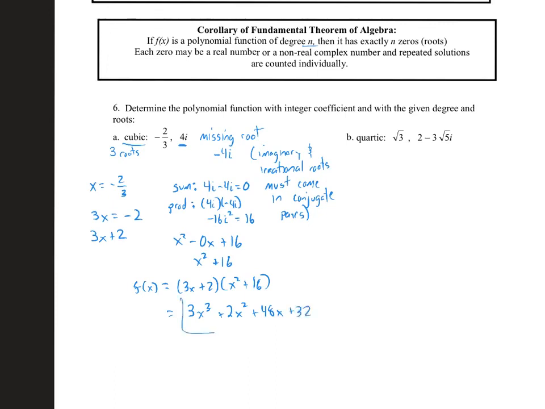So there's our cubic that has roots of negative 2/3 and 4i. Try part B to finish out this lesson. I'll put the answer up in just a second. Pause the video and check back once you're done.